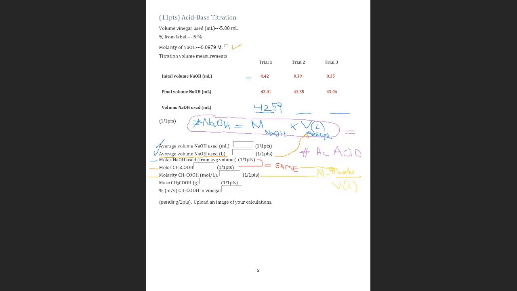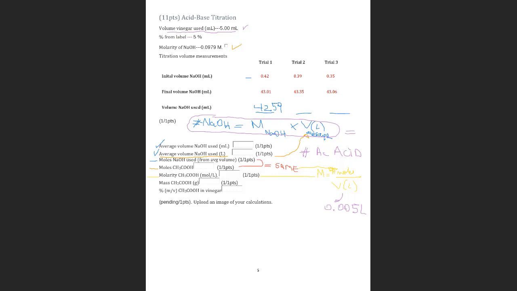We come up here, and it says volume of vinegar used is 5 mLs. But we have to, exactly, thank you, Kevin. Exactly, the volume that we are going to write is 0.005 liter. Perfect, okay. So that's how we calculate the molarity.